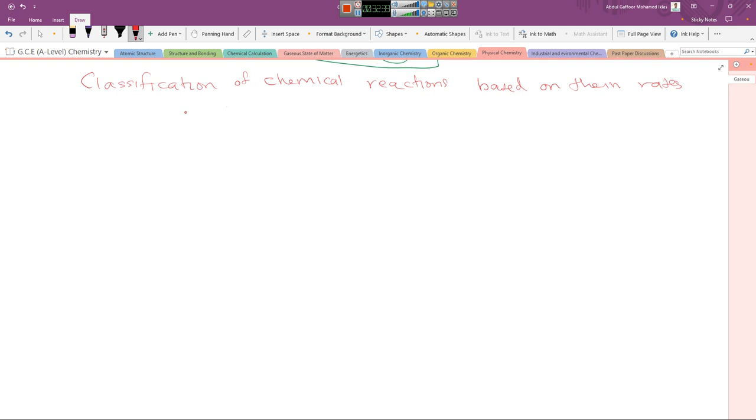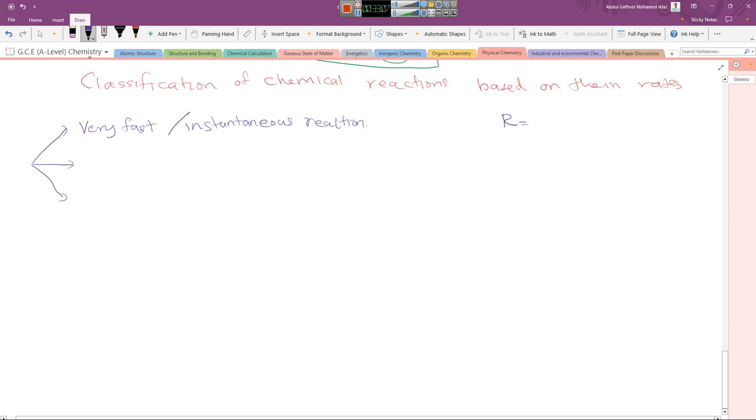Now we are going to classify the chemical reactions into three categories. First, very fast or instantaneous reaction, right? This happens within a very short period of time. We know that R is equal to change divided by time.